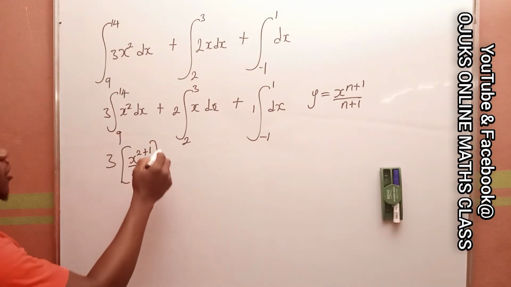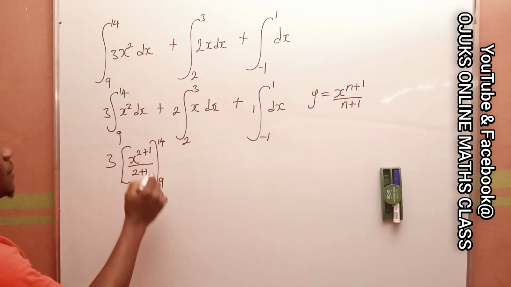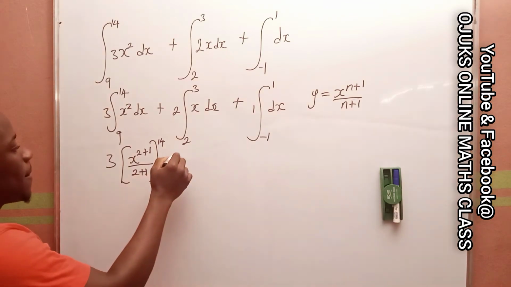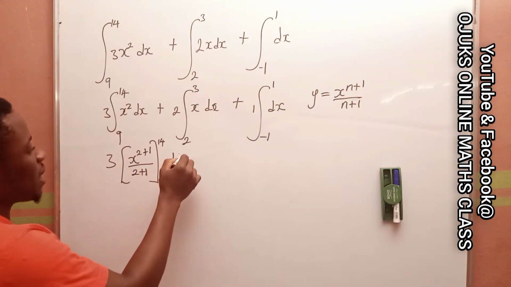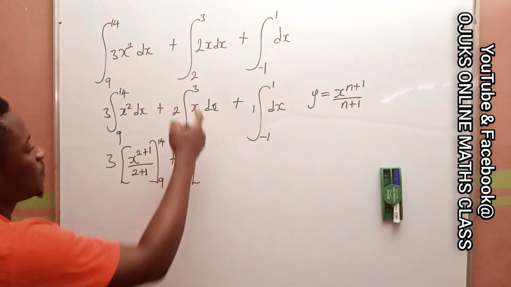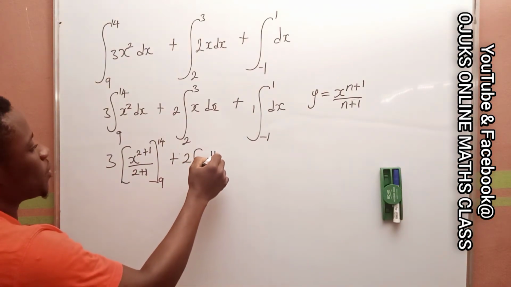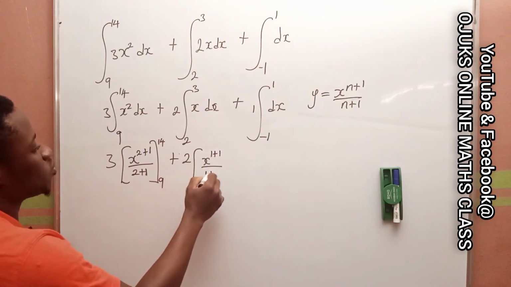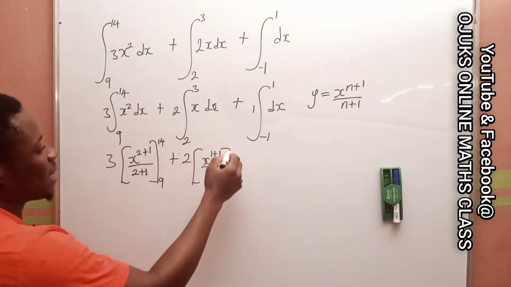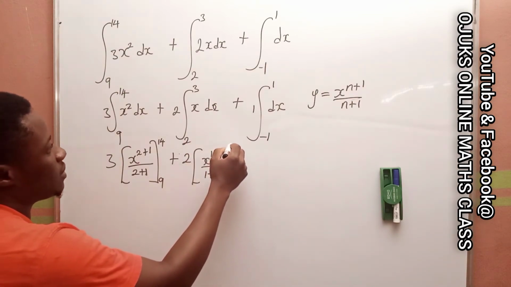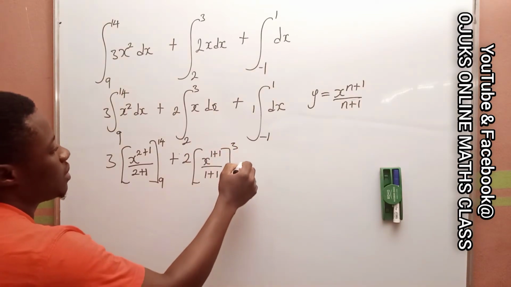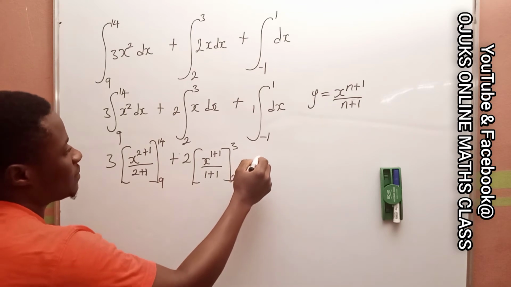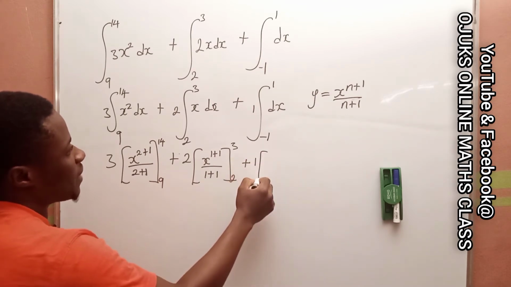Then assign your upper limit 14 and lower limit 9. The same thing goes here: plus our 2 in bracket, x raised to power 1 plus 1 over 1 plus 1, then assign your upper limit and lower limit 3 and 2. Then plus 1 in bracket.